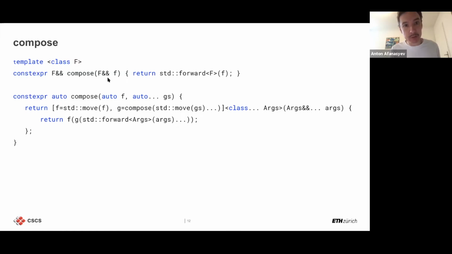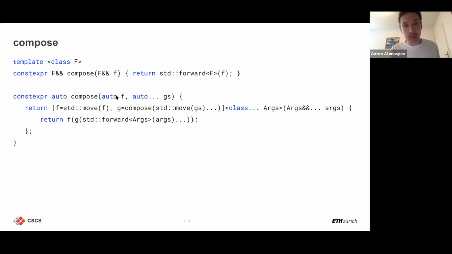We use a universal reference here, and if f is a temporary object, it will return a temporary object, and if it's some L value reference, it will return an L value reference as well. The rest of compose is defined recursively.